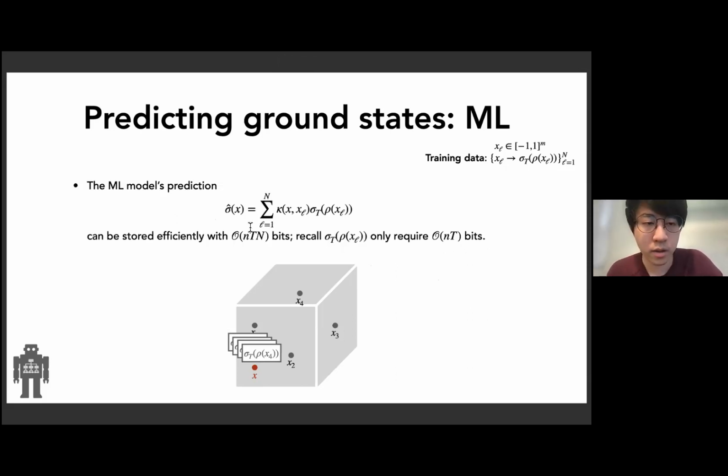So now one could look at the prediction of the ML model. Despite this sigma hat of x being an exponentially large matrix, a 2 to the n by 2 to the n complex matrix, it can actually be stored very efficiently on a classical computer.